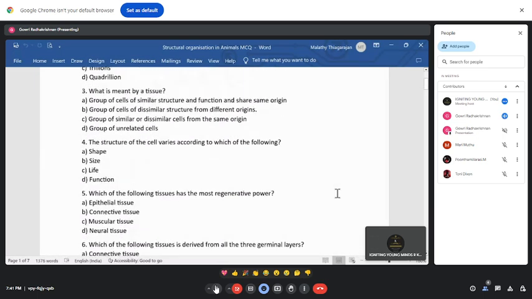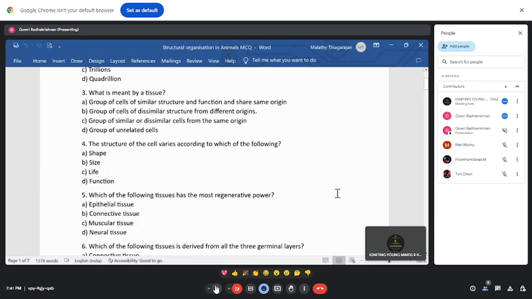What is meant by a tissue? Okay. A group of cells of similar structure and function and sharing the same origin is the answer.